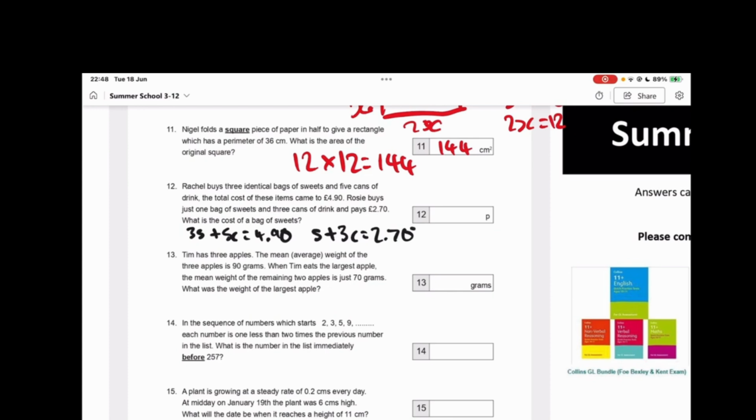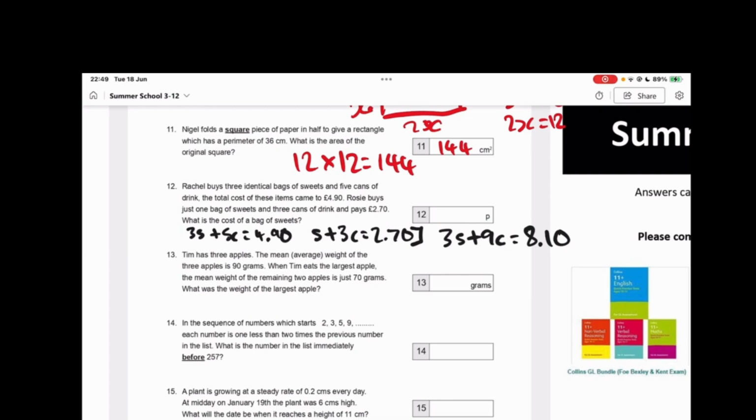multiply this equation by 3, meaning that 3 sweets plus 9 cans will equal, well, £2.70 times 3, which is £8.10. And then we know that 3 sweets plus 9 cans is £8.10, and 3 sweets plus 5 cans is £4.90.